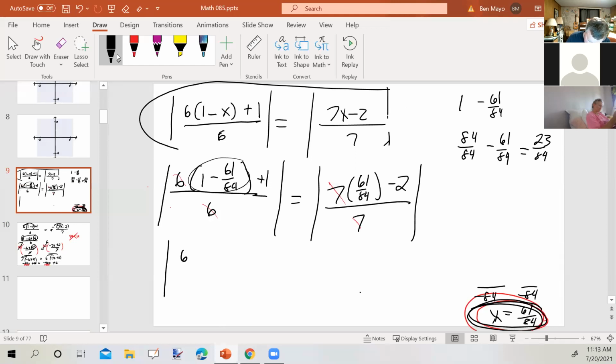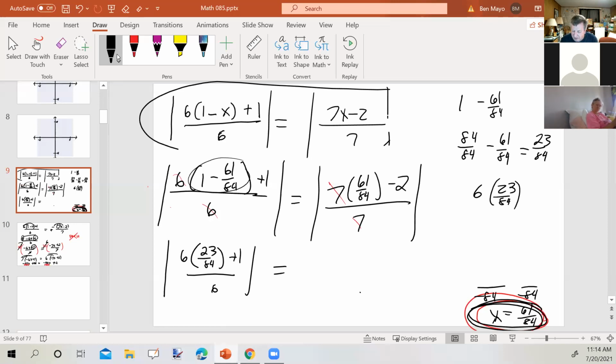I have 6 times 23 84ths plus 1 all over 6 equals, okay? Continuing on the left side, let's see. 6 times 23 over 84. 6 goes into 84 exactly.